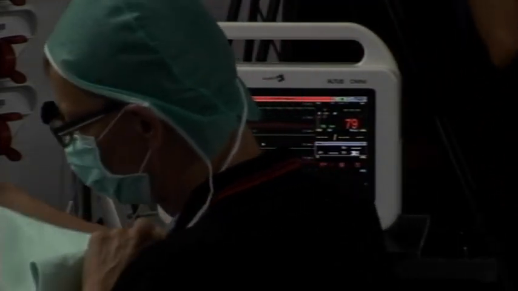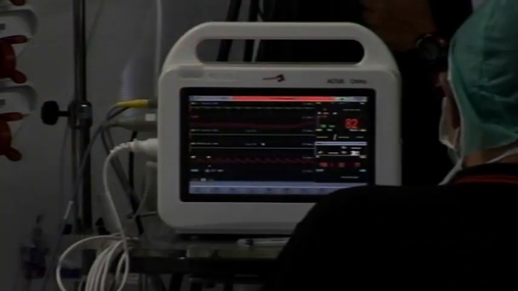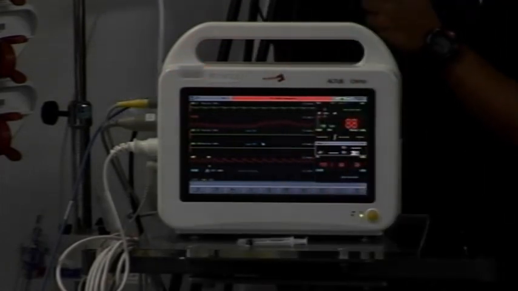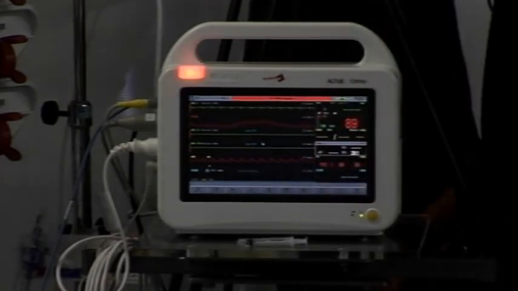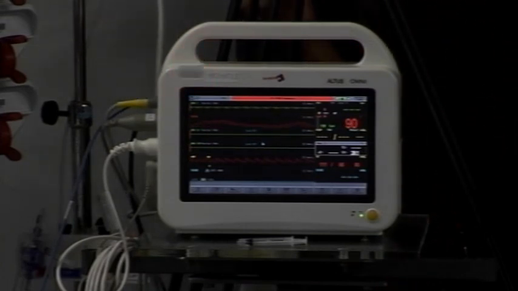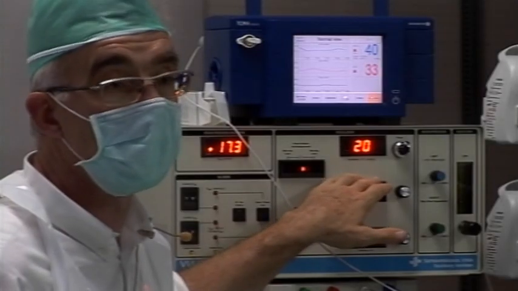That's okay. If you can go down to 8 or 10 of delta P, the baby is probably ready to be extubated.